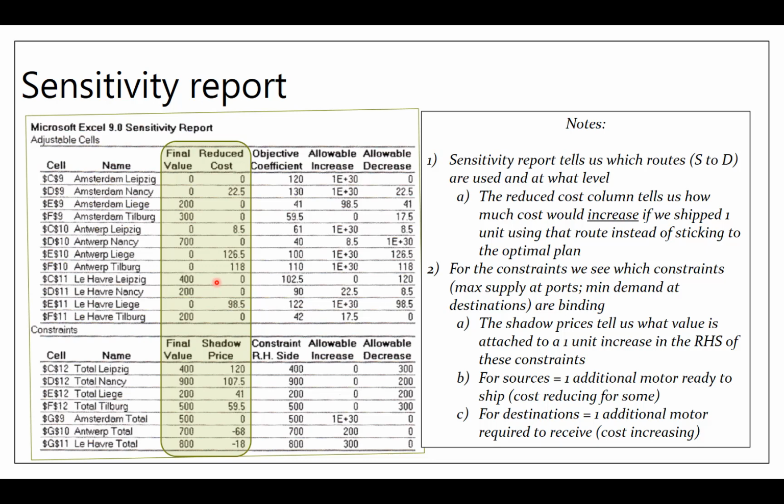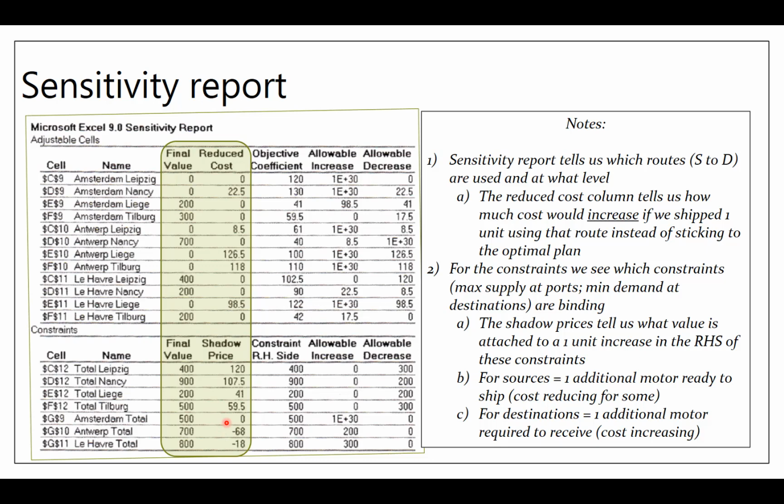There's one last thing. Actually, let me move down to the constraints, and I'll talk through those. Every one of these constraints matches up to either a destination or a source. Okay, so we have 3 source constraints here. They all end up with negative shadow prices, or 0.